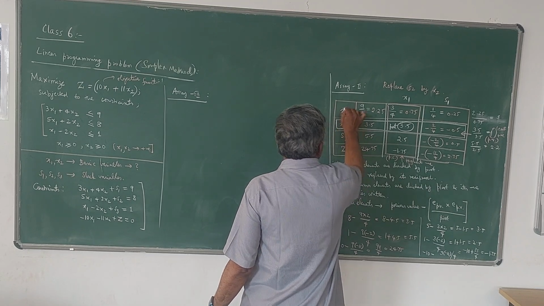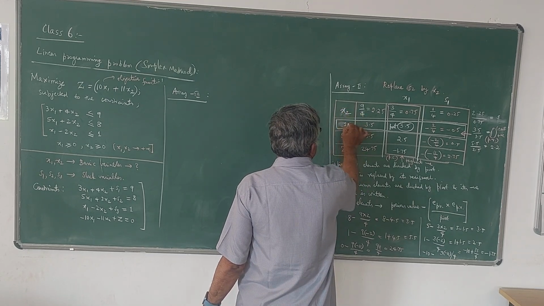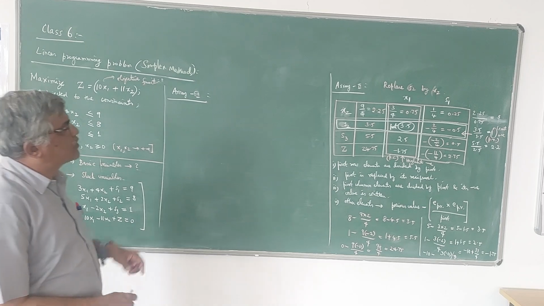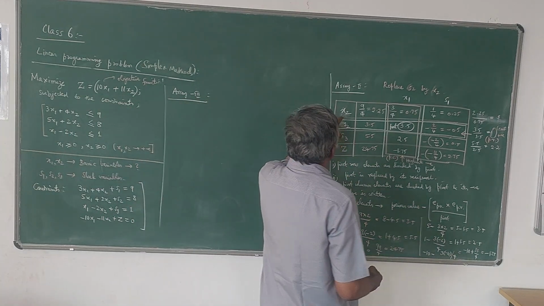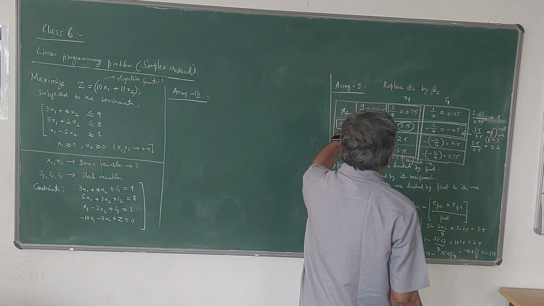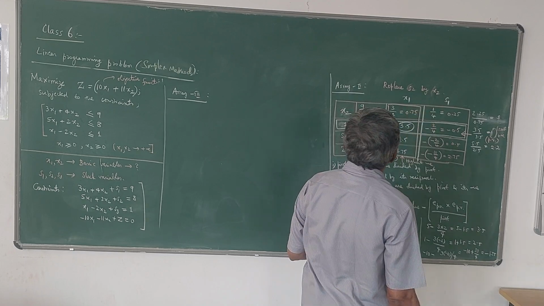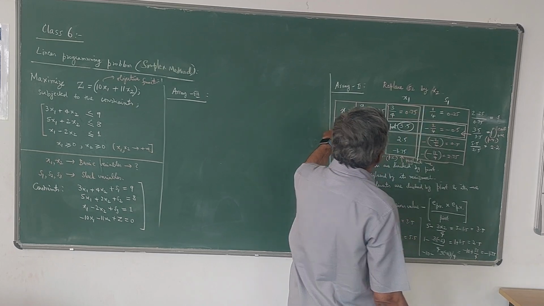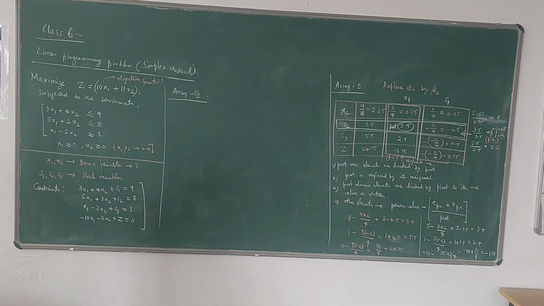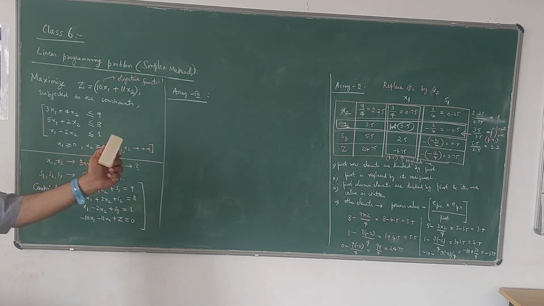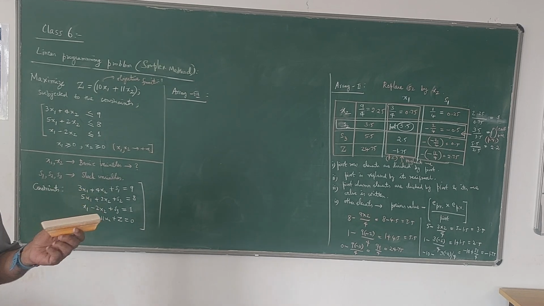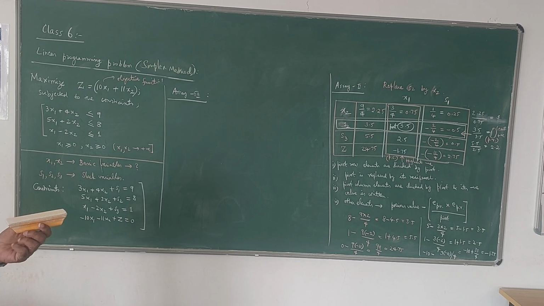This is X2. Replace S2 by X2. X2, S2, S3, Z. Like this it will come. This is X1, S1. S1, S2, S3, Z is in the first table. In the second table, X2, S2, S3 and Z. And in the column it is X1 and S1.